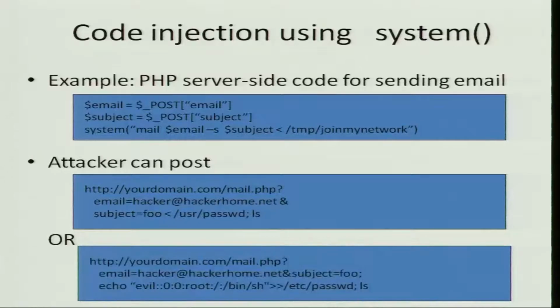And then worse yet is that since you are allowed to put anything here, as long as you put this email and subject, and then after that you are supposed to make a command, or in the subject itself you can say echo eval :0 :0 root.